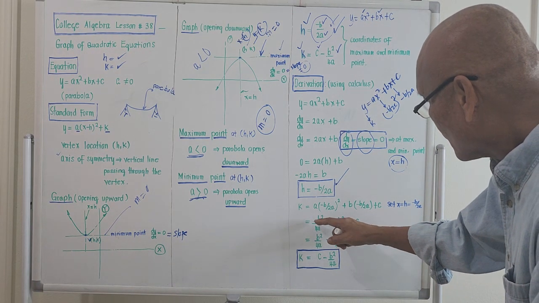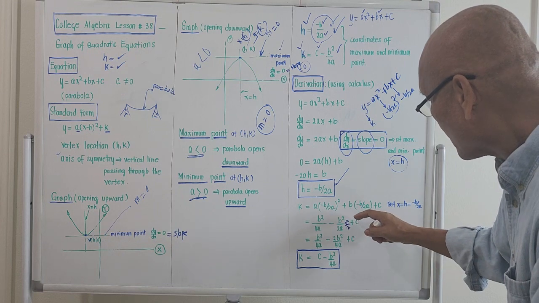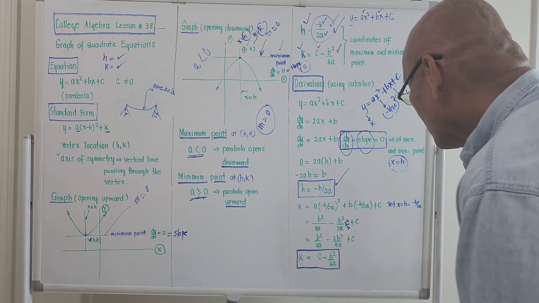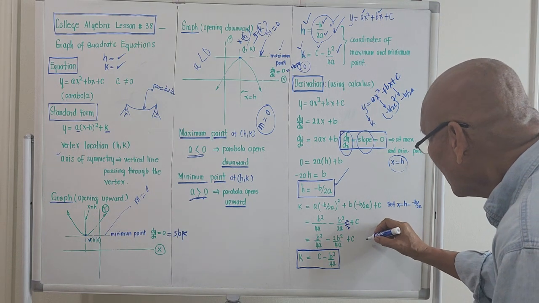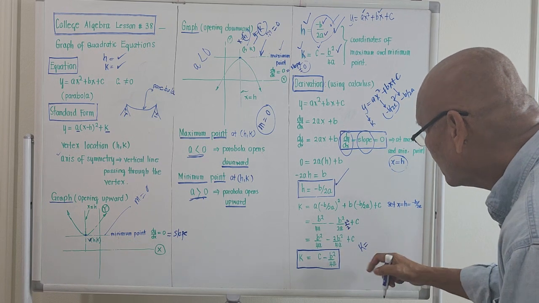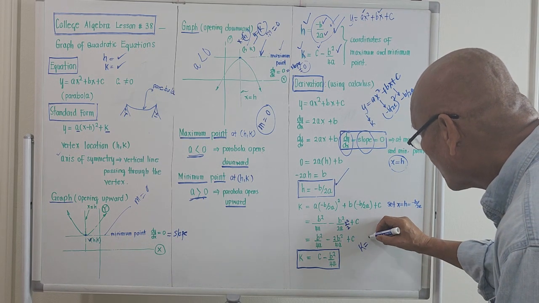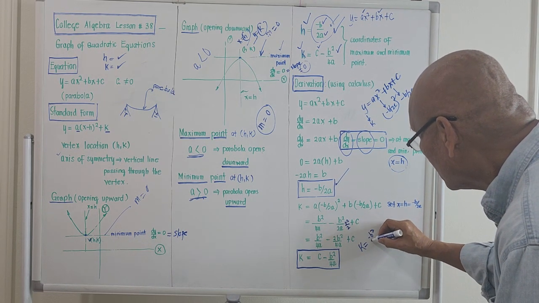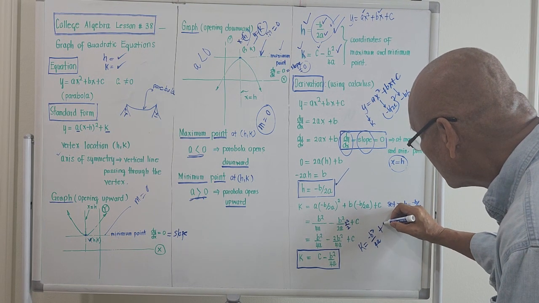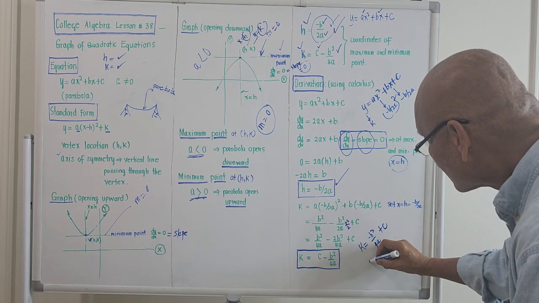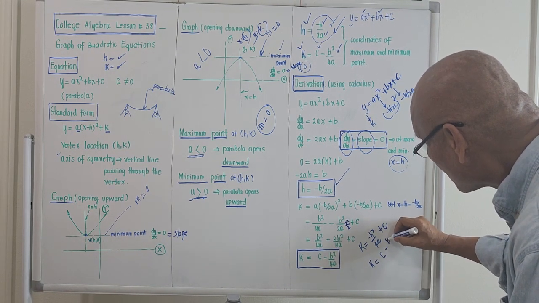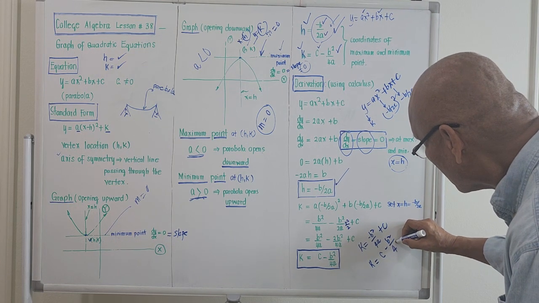So it will be b squared and negative 2b squared. Subtracting, k equals negative b squared over 4a plus c, or k equals c minus b squared over 4a.